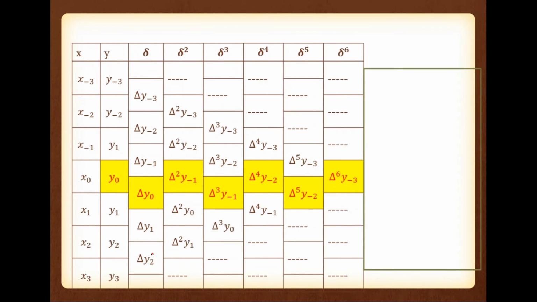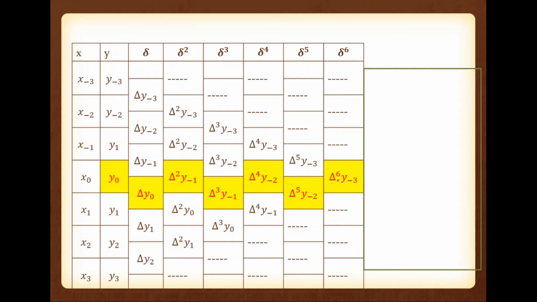So here you can see that this is y0. Theta y 1 by 2 is replaced with delta y0. Theta square y0 is replaced with delta square y minus 1. Theta cube y 1 by 2 is replaced with delta cube y minus 1. Theta raised to 4 y0 is replaced with delta raised to 4 y minus 2. Theta raised to 5 y 1 by 2 is replaced with delta raised to 5 y minus 2.